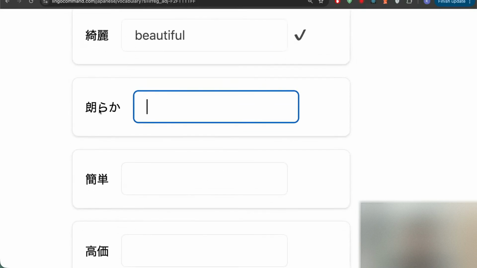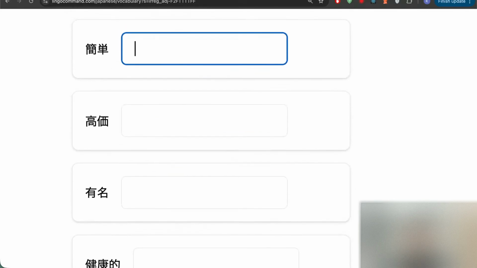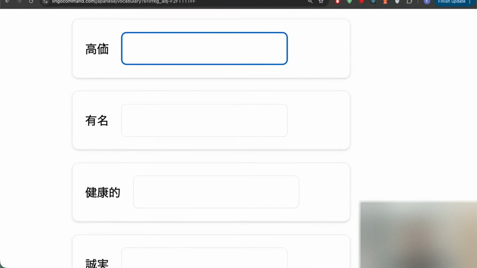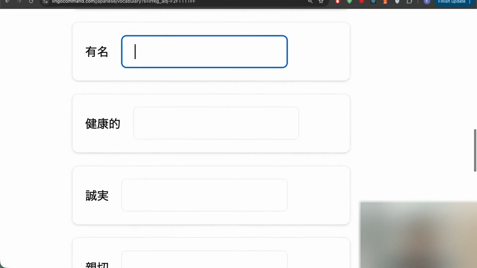This is hogaraka. Hogaraka is cheerful. Kantan is easy. This is koka, which was expensive. Yume is famous.